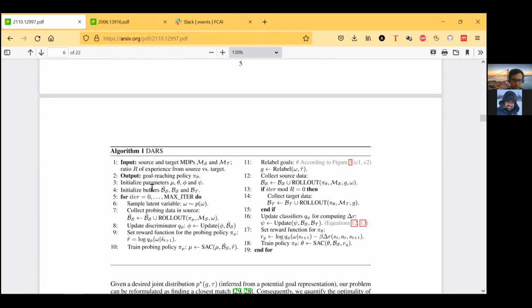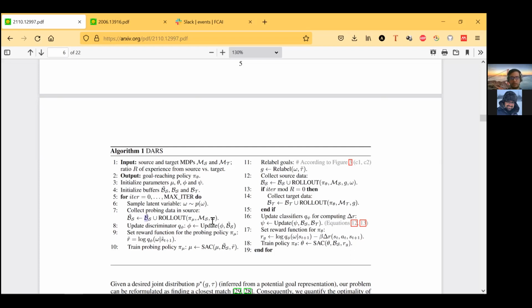So then you start with a fixed prior over your goals. You start by sampling this abstract goal, and you can plug this goal into the current policy pi mu, and it will generate trajectory data that you add to this set of rollouts. Then using the set of rollouts, you can train this discriminator that will try to predict omega from the states only in this data set.